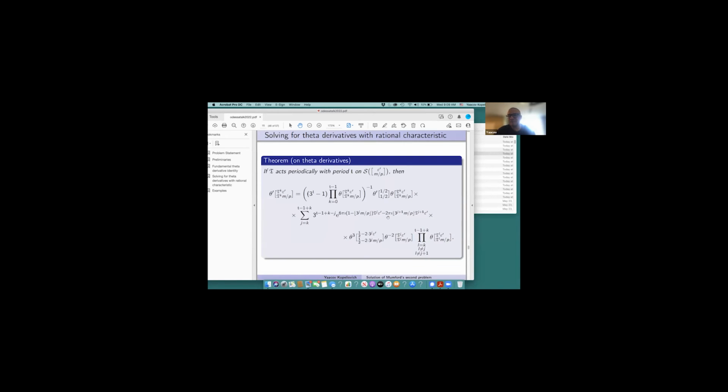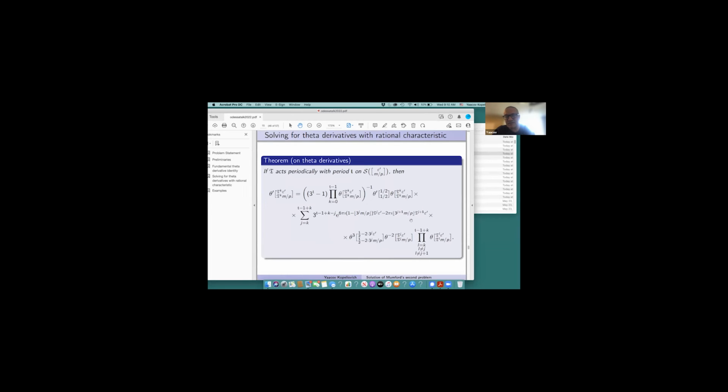So how do I solve it? Well, I solve it using Cramer's rule. That's it. I'm done. So basically, you can see here on the left-hand side, you see the theta prime. On the right-hand side, you see this long formula, which doesn't involve anything other than theta functions.